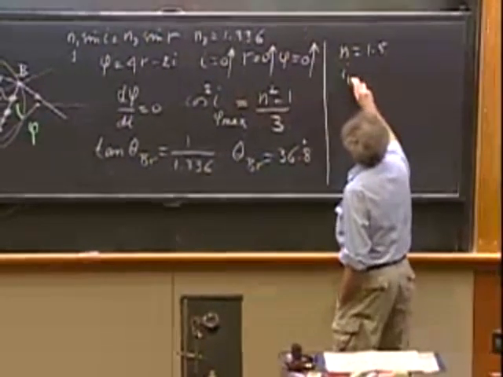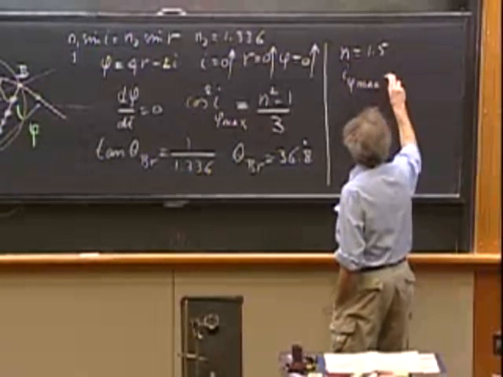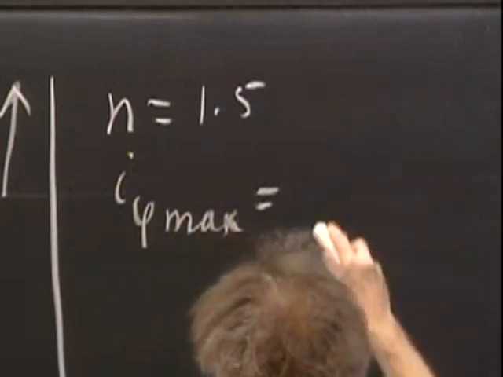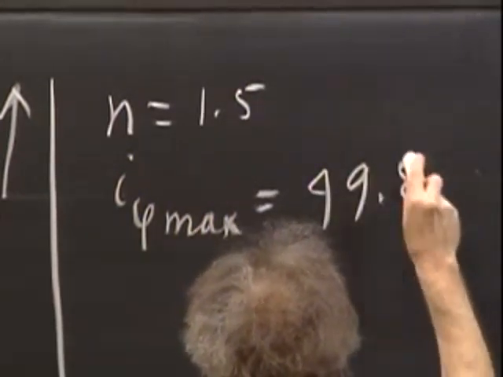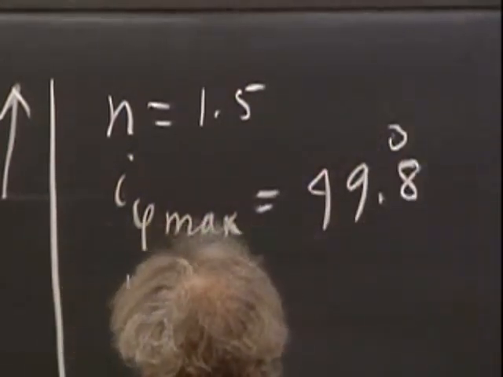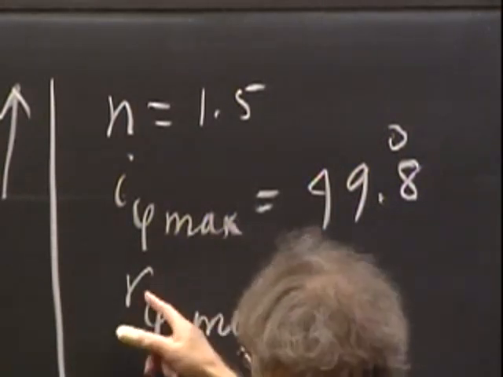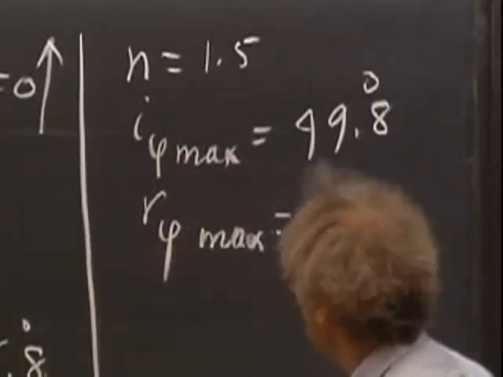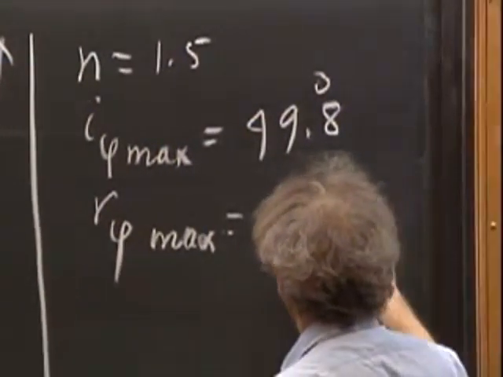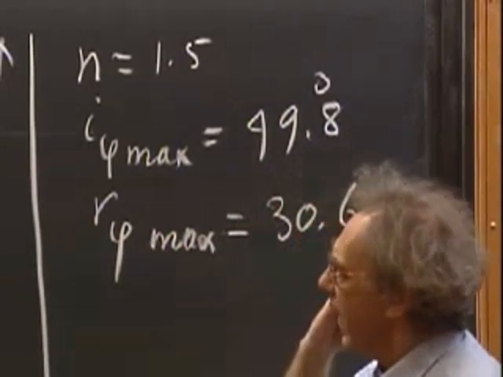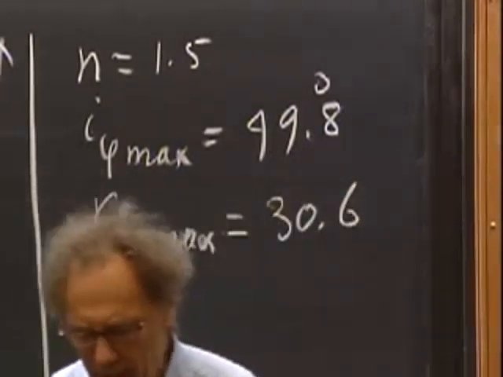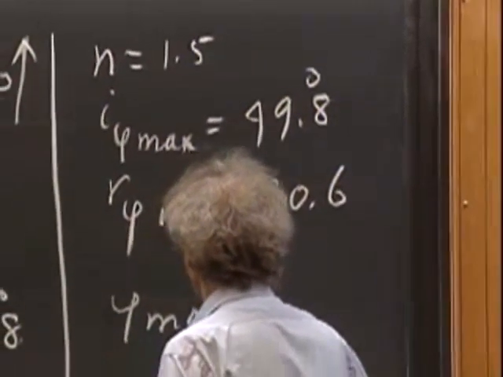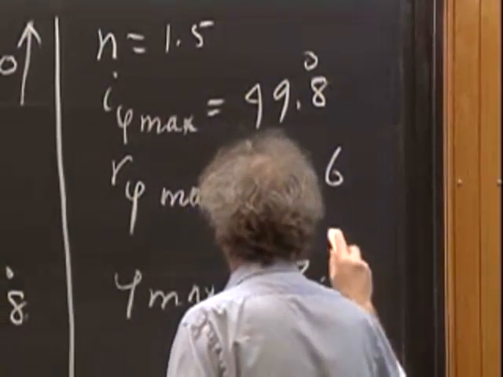And that gives me the angle of incidence i for which phi, the maximum angle, is reached. That is 49.8 degrees. That then translates with Snell's law to an angle of refraction r of 30.6 degrees. So that's simply a matter of Snell's law. And then phi is 4r minus 2i. And so we now get phi max is about 22.8 degrees.